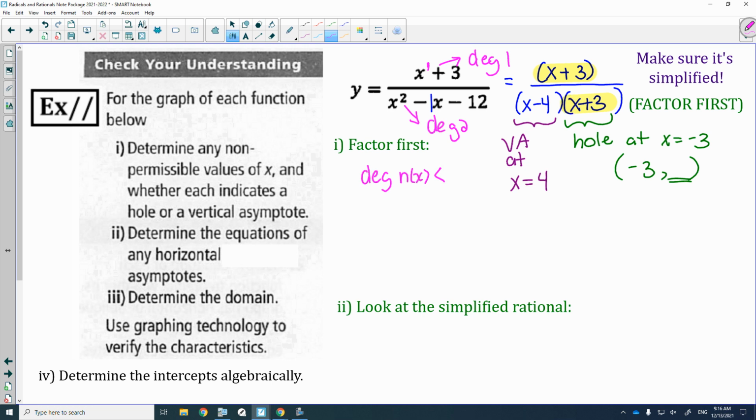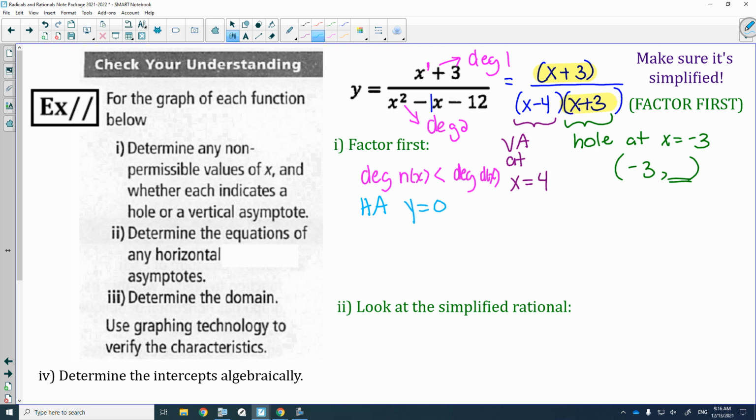So the degree of n of x is less than the degree of d of x. Valentina, do you remember where that would be? Horizontal asymptote. Yeah, y is equal to 0.